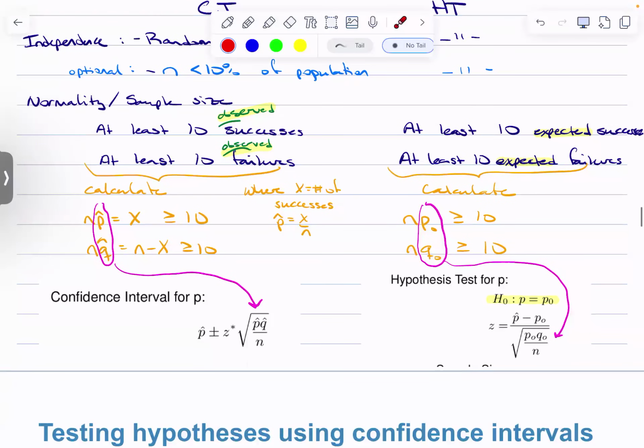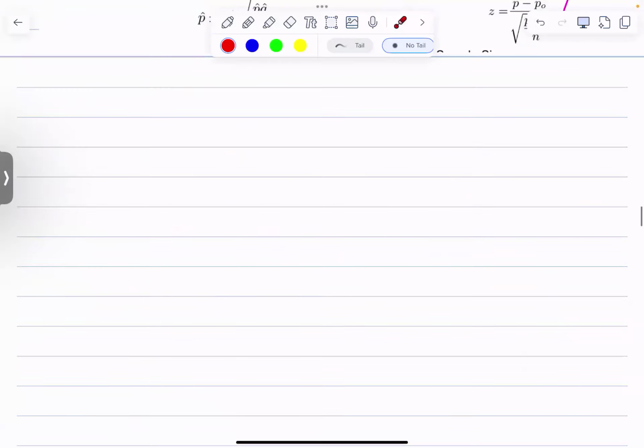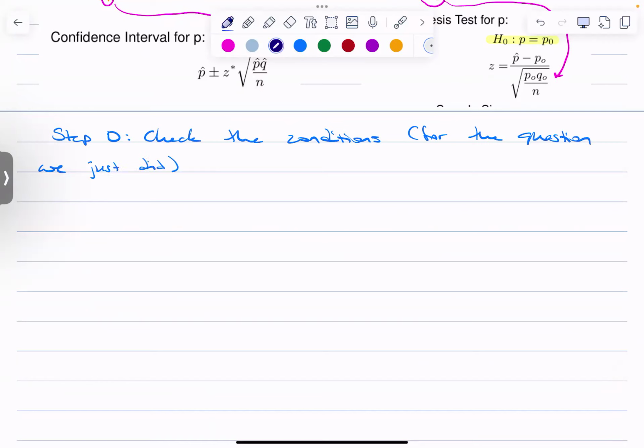What if we had to check the conditions? Step 0, check the conditions for the question we just did. What would that look like?